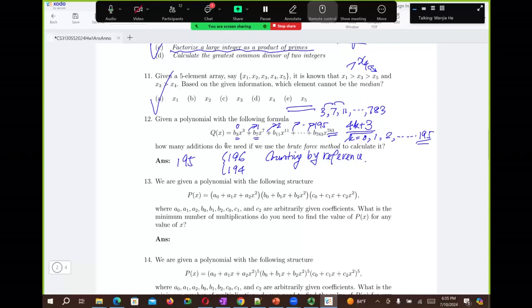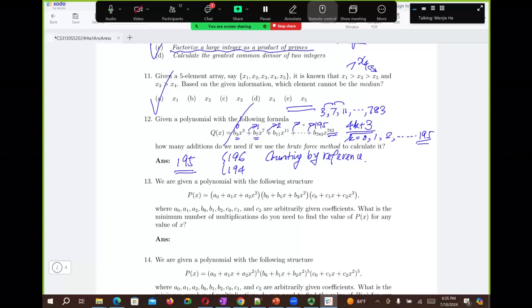So the first one we do not count. That's why there are 195 reference objects as the answer.